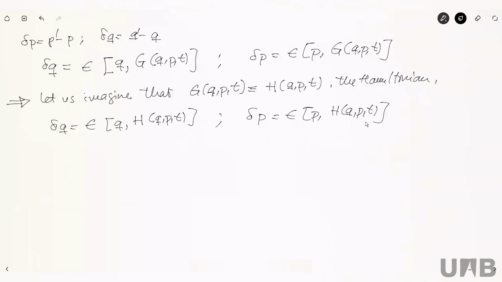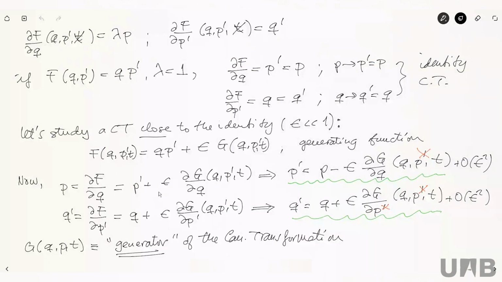And so now the previous two equations become something even more familiar, right? What do they look like? Who can tell me where you have seen these equations before? Hamilton's equations. Exactly. These are the equations of motion, if epsilon, which in principle is the parameter that measures the deviation from the identity, is nothing but the differential of time.